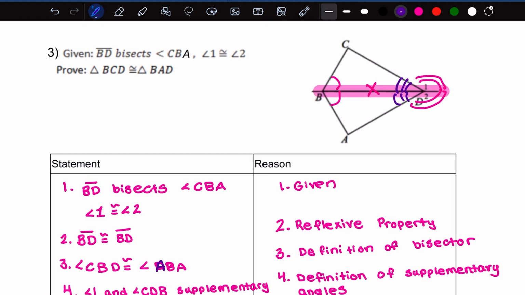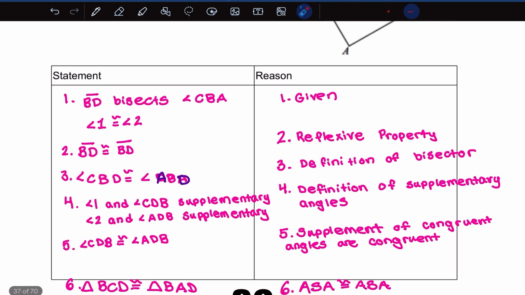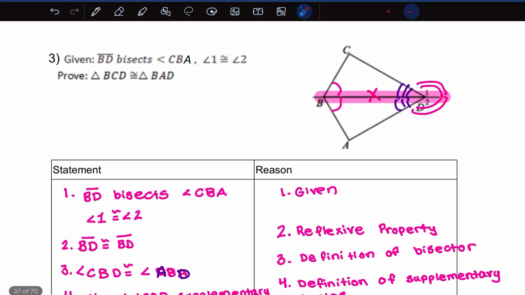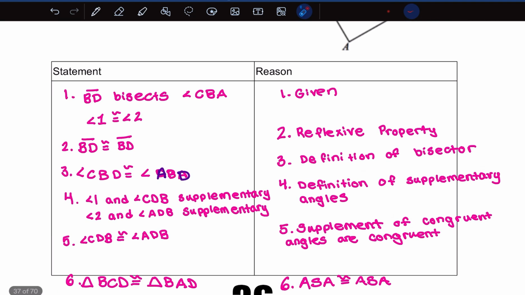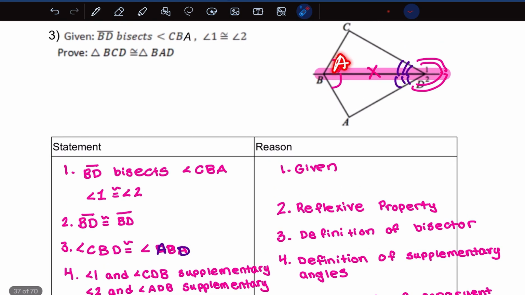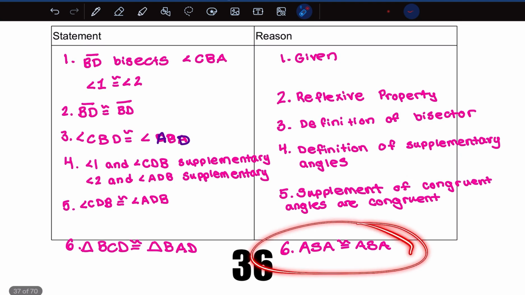It should be ABD by the definition of a bisector. I'm then going to state that there is a supplementary relationship between my pairs. Because of this, I can state that the two purple angles here are congruent, because the supplements of congruent angles are congruent. And now if I label this, I have an angle, a side, and an angle. So the triangles are congruent by angle, side, angle.